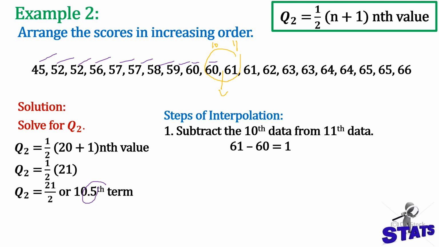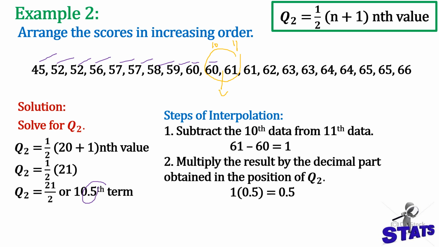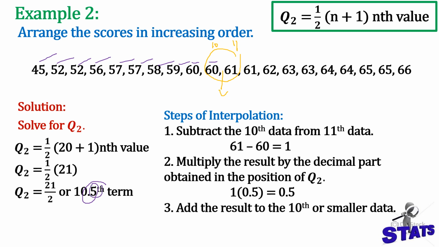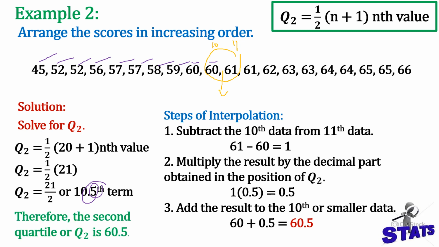Subtract lang po natin. 61 minus 60 is 1. Then, multiply po natin yung 1 sa decimal na sumobra dito sa ating formula. Ito po, 0.5. So, still the answer is 0.5. So, meaning to say, the exact location of Q2 or the median of the class is 60.5.